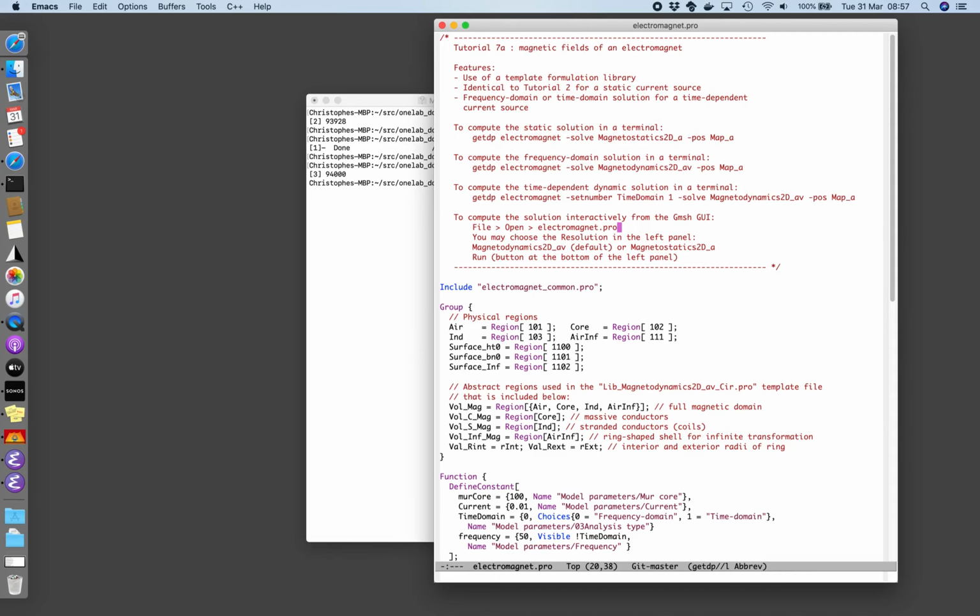So we're going to say that the time derivative of a of x, y, z, t, I'm going to approximate it as a of x, y, z, t plus delta t, minus a of x, y, z, t, divided by delta t. So I do basically a finite difference approximation.